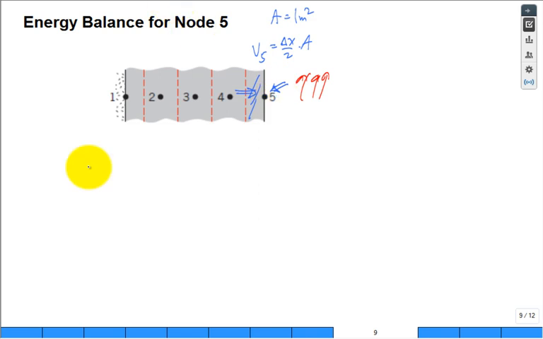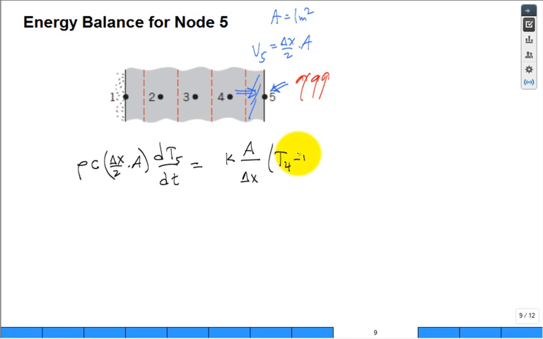So what we do is we have rho c, then we have the volume of 5. I'm going to replace the volume of 5 as delta x over 2 times the area. The time rate of change of the temperature at 5 is equal to a k times the regular area for flow from 4 to 5, with the length delta x, times temperature 4 minus temperature 5.